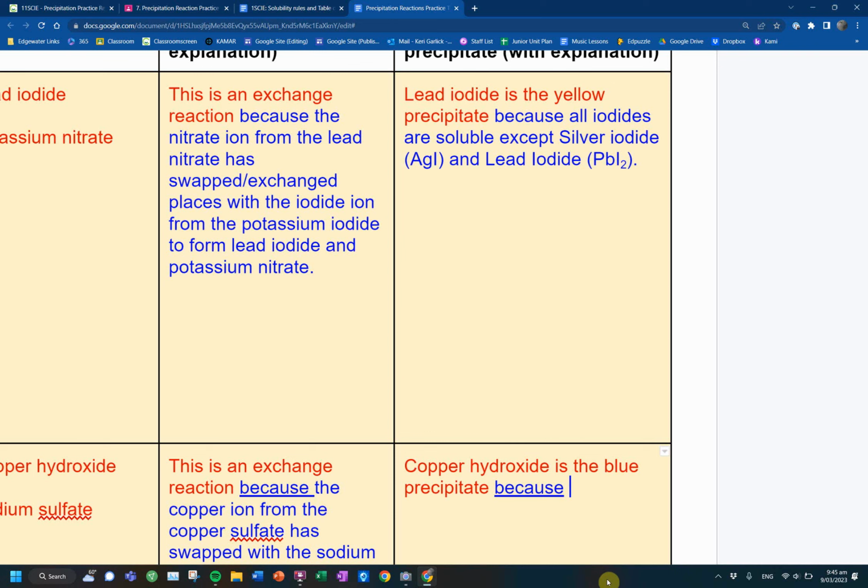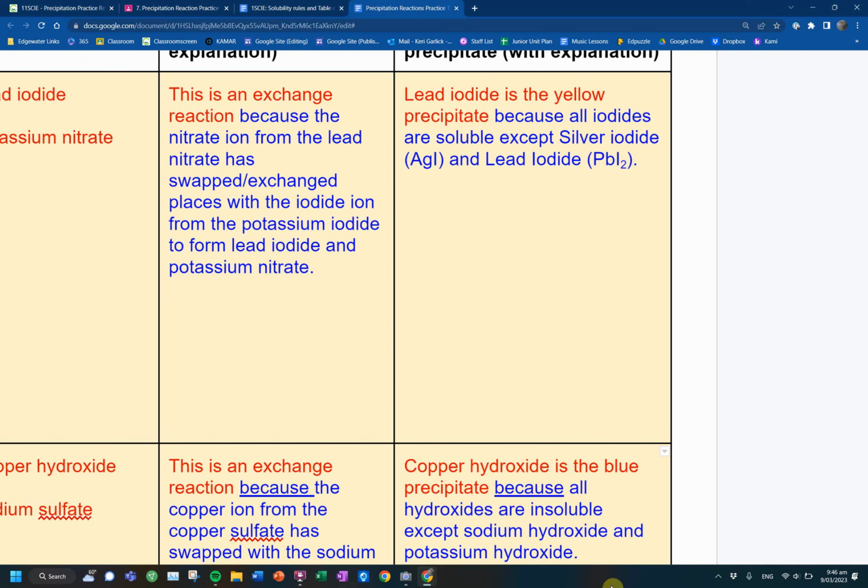John. All hydroxides are insoluble. Yeah. Except for potassium and sodium, copper. Yeah. So all hydroxides are insoluble except sodium hydroxide and potassium hydroxide.